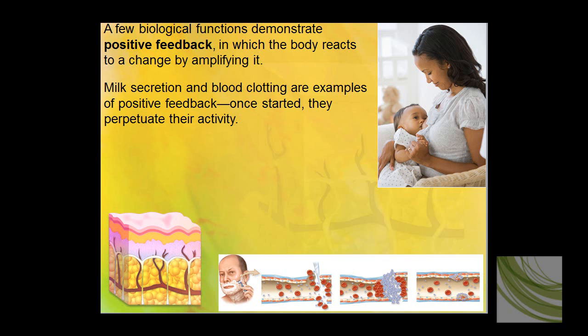So when it comes time to give birth, you start producing oxytocin. Every time the oxytocin binds to these receptors in the uterine muscles, they contract. And with each contraction, it stimulates the release of more oxytocin. So the stronger the contraction, the more oxytocin is released. Basically, it increases the original stimulus instead of moving it in the opposite direction.